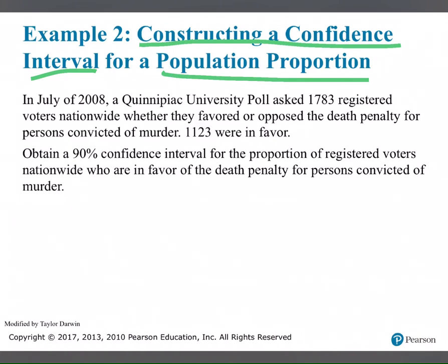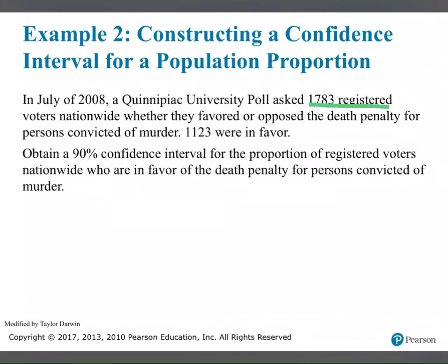This was the example that we used earlier in July of 2008. It's the amount of voters we asked who were in favor of the death penalty. And remember, to find p hat, we just did part over whole. 1,123 divided by 1,783.